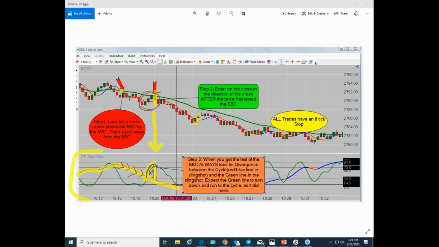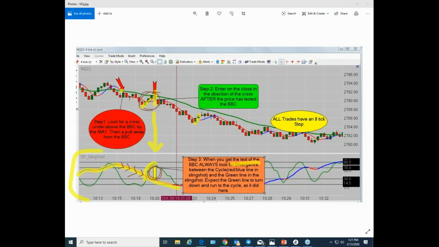This space in between here, that's highlighted by the yellow arrow, that is the divergence or the separation Michael's been looking for all morning. Divergence or separation. Because here's what we expect to happen in the end. The green line is going to pull away from the cycle.